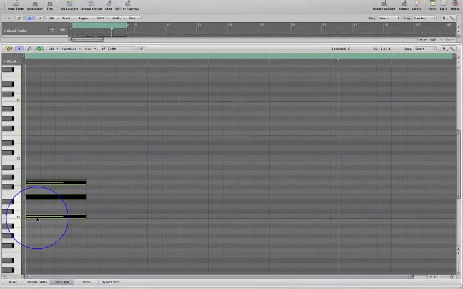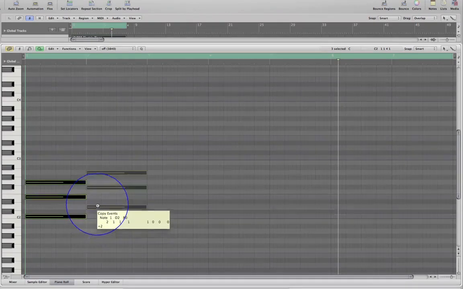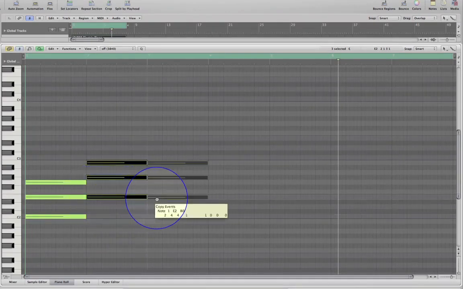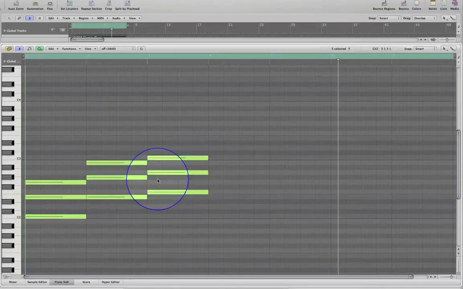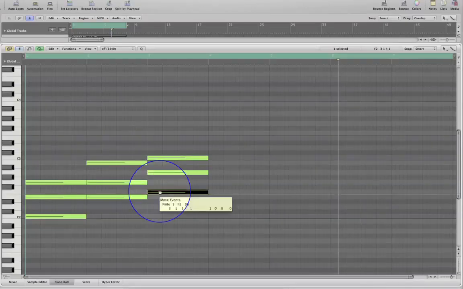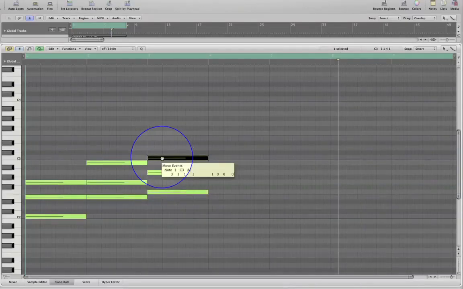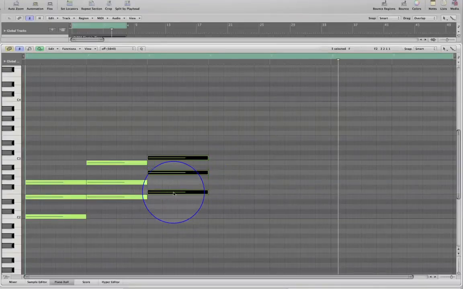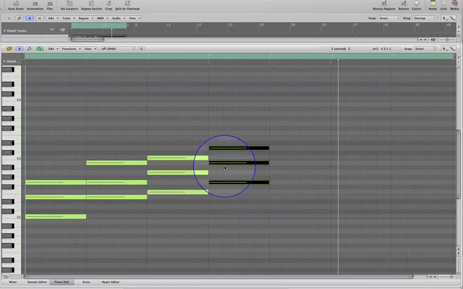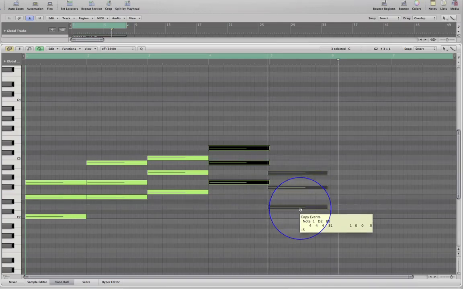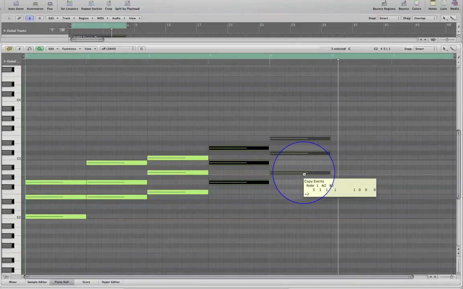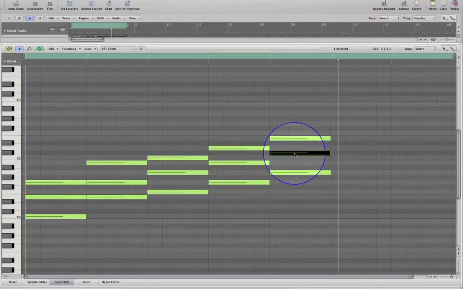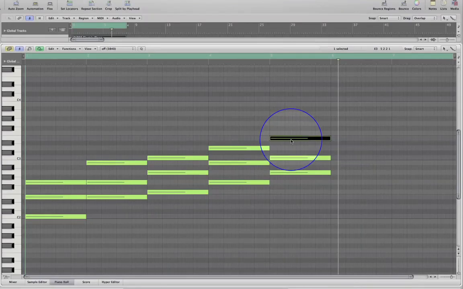We'll go C, E, we'll go F, A, C, G, D. I think we'll go A. Go down there.